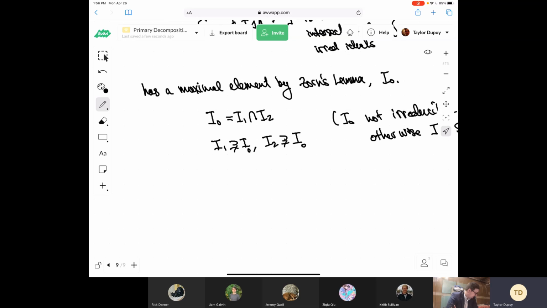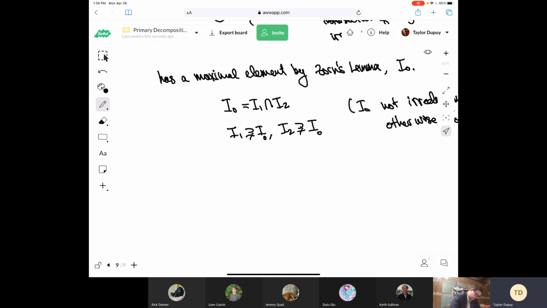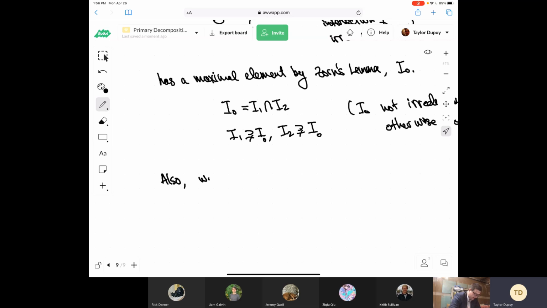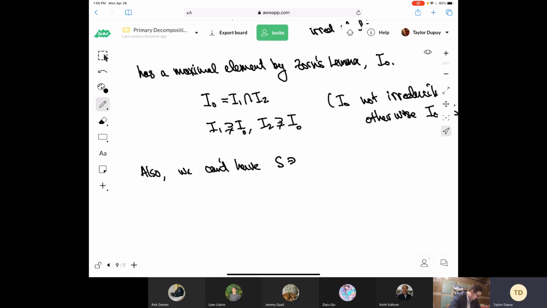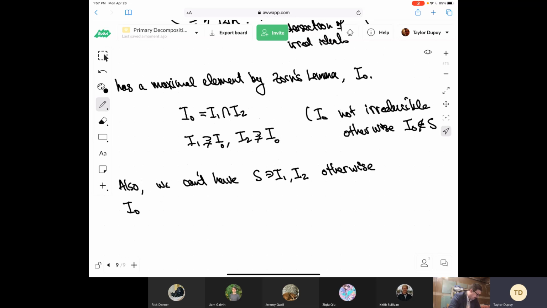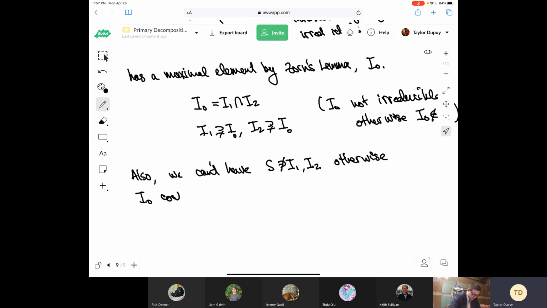Okay, so now what do we have? Also, we can't have I1 and I2 not be elements of S, otherwise I0 could be written as a finite intersection of irreducible ideals.